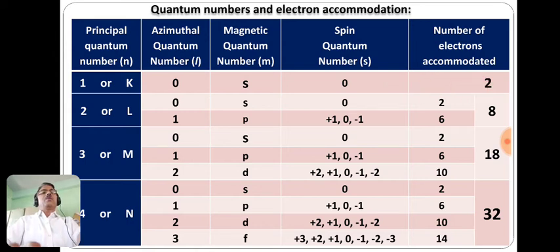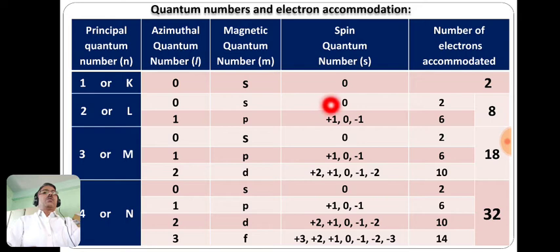In the second energy level, when the principal quantum number is 2, there are two azimuthal quantum number values, 0 and 1. When l equals 0, that is the s subshell, and when l equals 1, that is the p subshell. In the s subshell, the magnetic quantum number has only one value, 0, and there are only two possible electrons: one spinning clockwise and the other anti-clockwise.